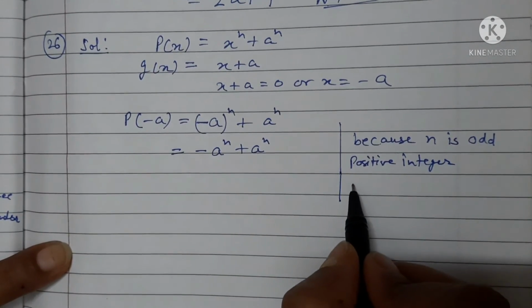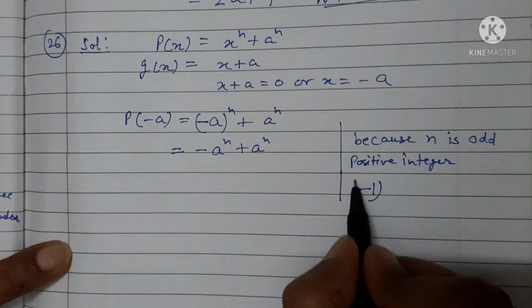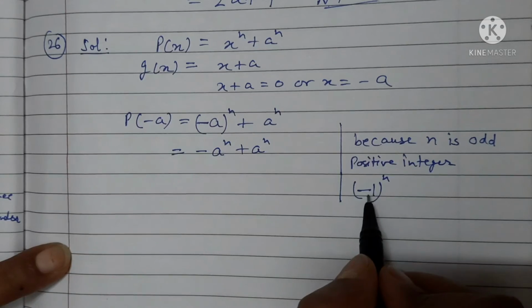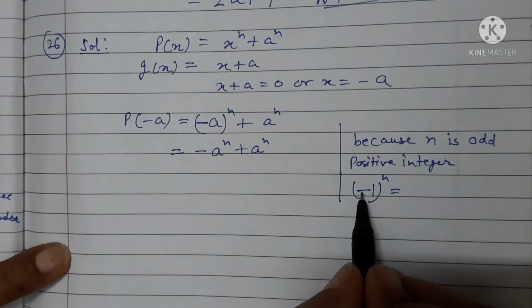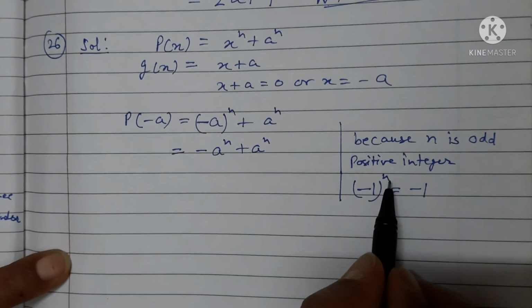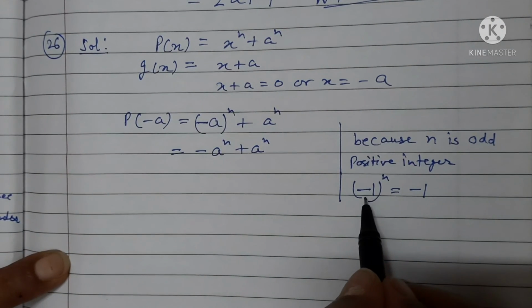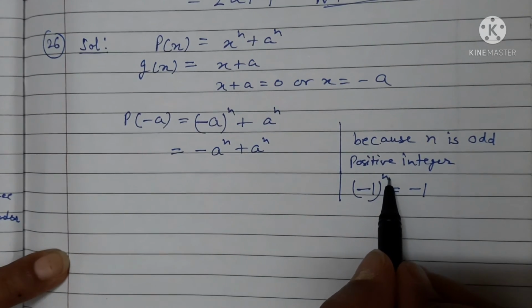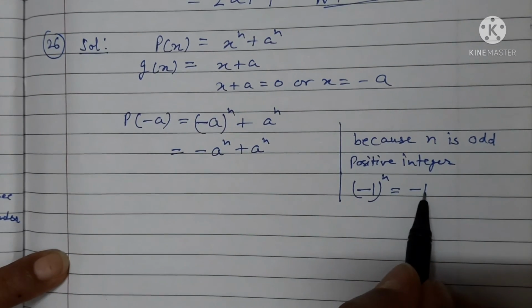Here it means minus 1 to the power of n. This is an odd number, so this becomes minus 1. So always when the power is even, you will get the positive one. When the power is odd, then you will get a negative number.